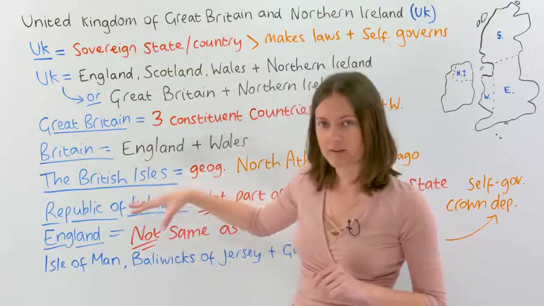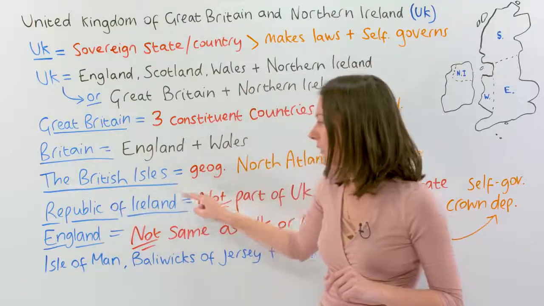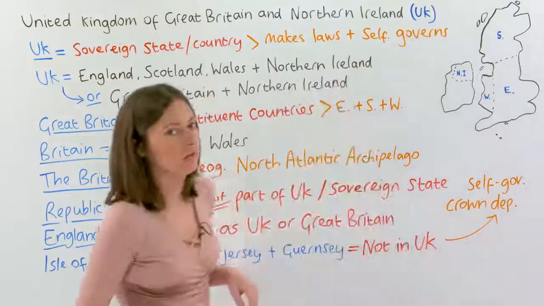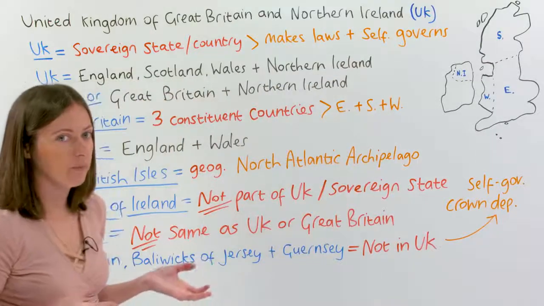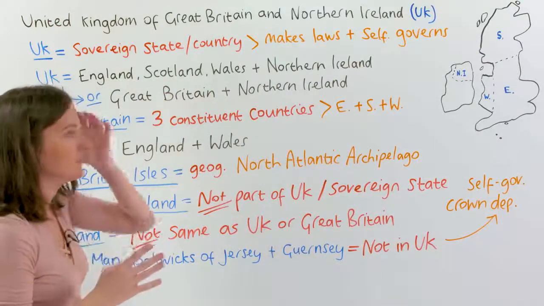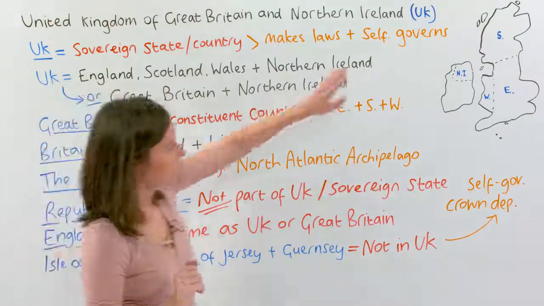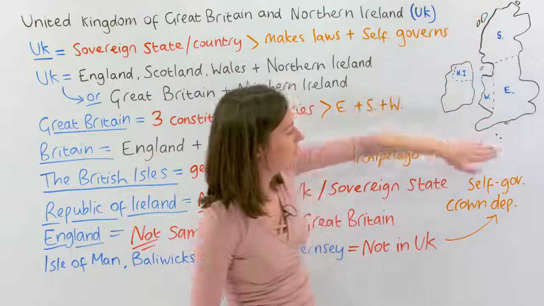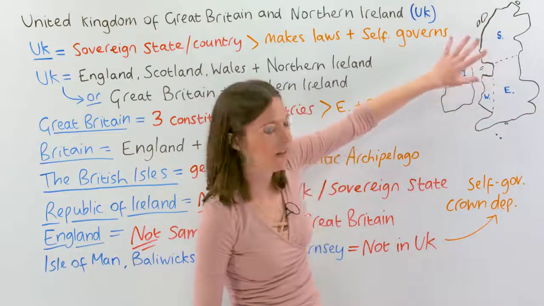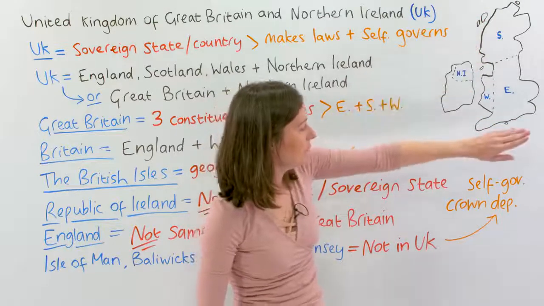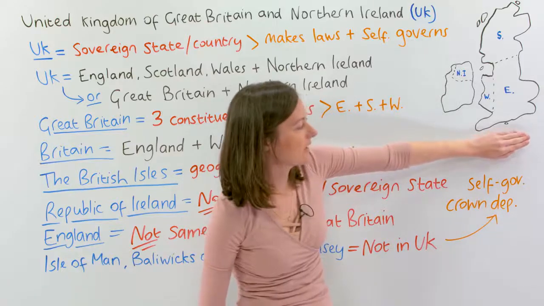Now we have another term called the British Isles. The British Isles is a geographic term. So we use it to describe a place on the map. And the British Isles would include everything we see here. Actually, perhaps except these islands.